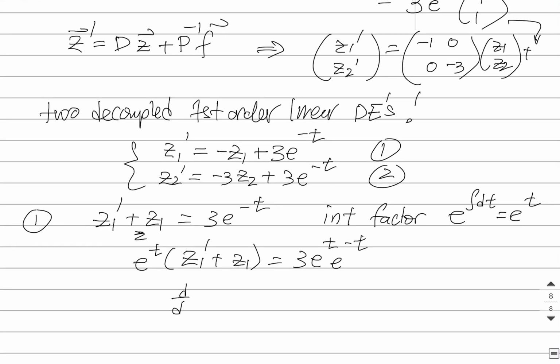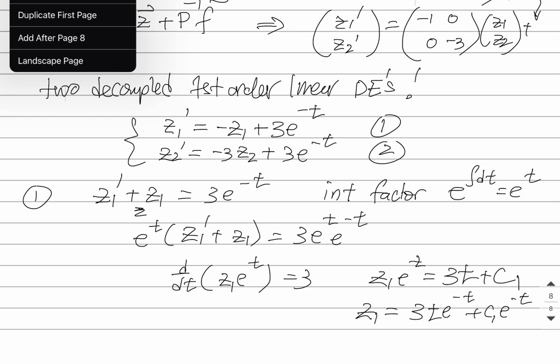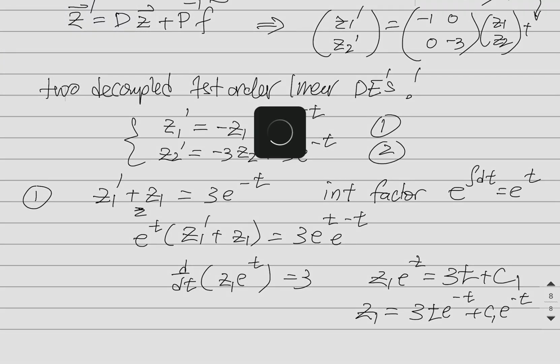We'll have d by dt of z1 e to the t is 3. So z1 e to the t will be 3t plus an arbitrary constant that we'll call c1. And that means that z1 will now be 3t e to the minus t plus c1 e to the minus t. So that's going to give us z1.